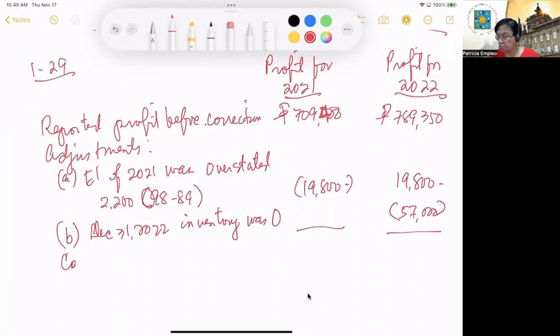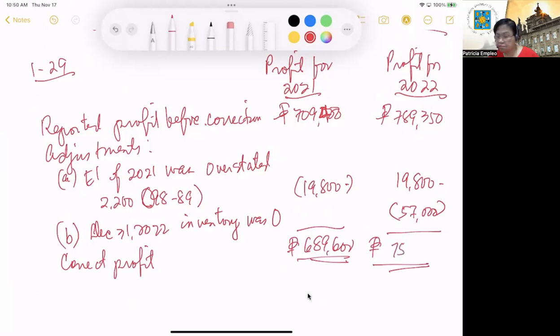Our correct profit for 2021 is 689,600, whereas for 2022, that is 789,350 plus 19,800 minus 57,000.